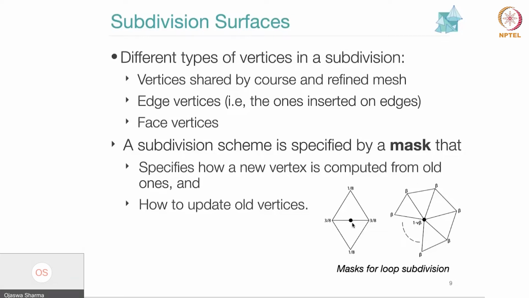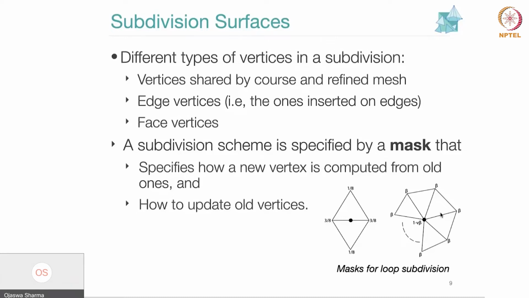Loop is an approximating subdivision scheme. So we have a mask for updating the old vertices. In this case, if you look at the right figure over here, you have the one ring around a vertex that has to be updated in the old mesh, and you have this 1 minus v beta. The v here is the valence of the vertex, and beta is a weight that has to be calculated.